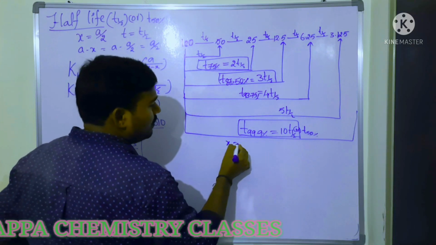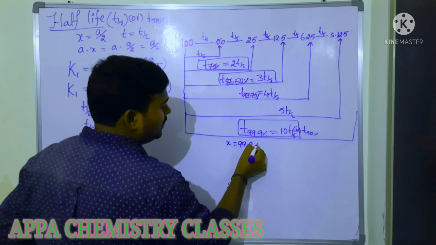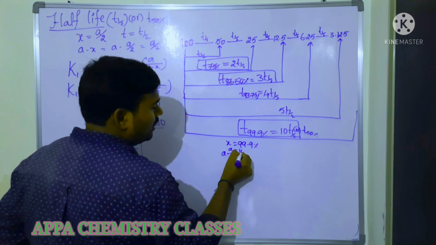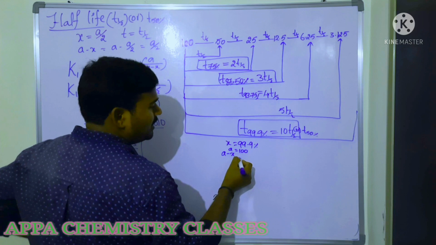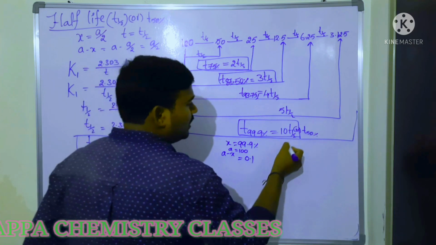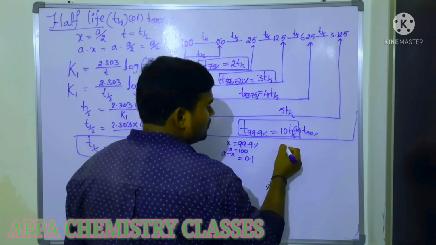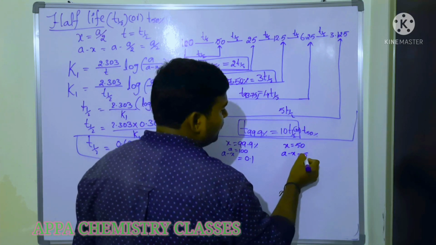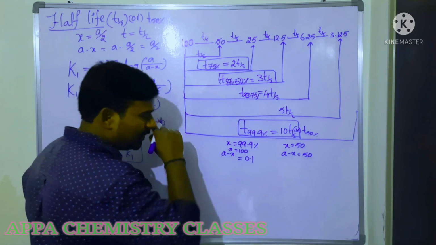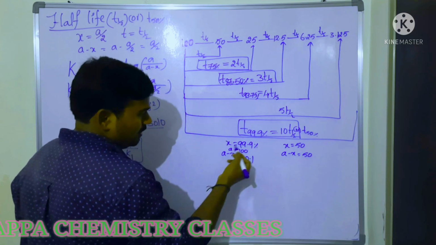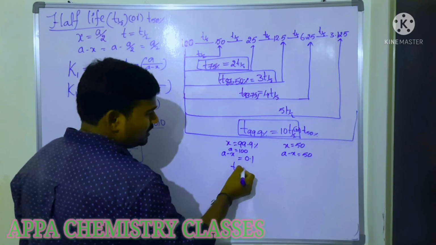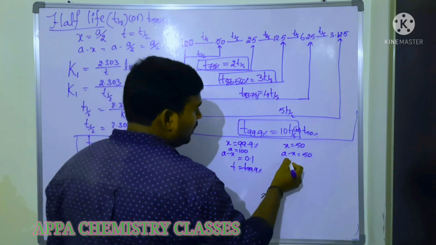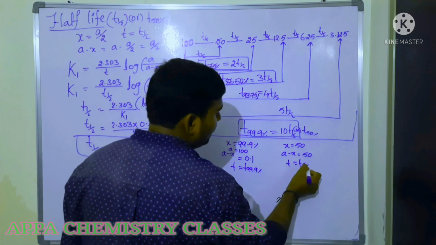Now here X is equal to 99.9%. So A minus X is equal to, A will be 100, if they are percentages, and A minus X will be 0.1. In the other case, X is equal to 50, so A minus X is 50, initially 100. The time required is T 99.9%, and here T is equal to T 50%.